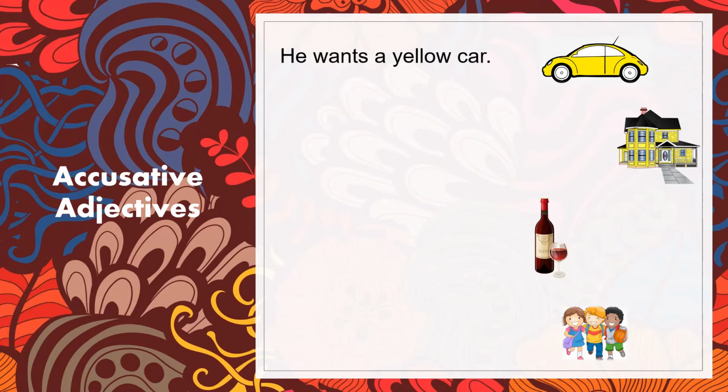He wants a yellow car. Yellow car will be in the accusative case. Now, since car is машина, it is female, we will use the ую ending. Он хочет желтую машину. Okay.